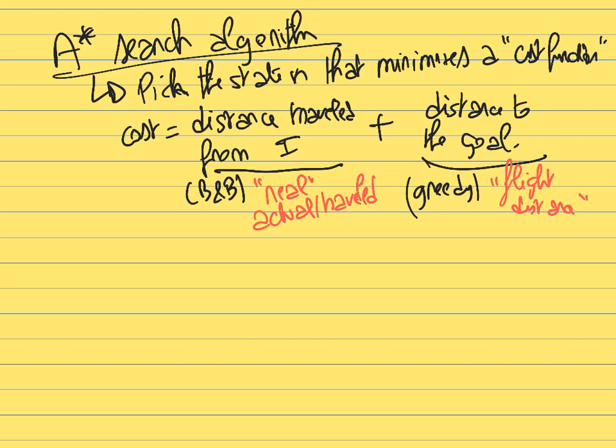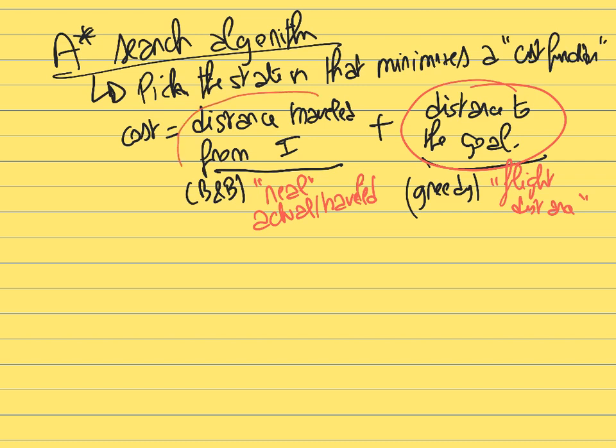So in the case of the A star algorithm, you are going to combine those two things. You are going to combine the distance to the goal, which tells you how far you are. So you will favor some nodes that are close to the final destination, just like we do in the greedy algorithm.